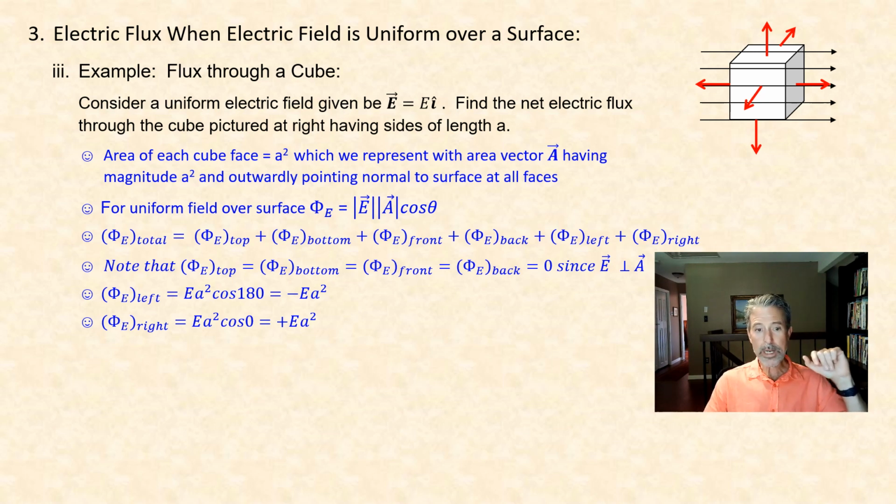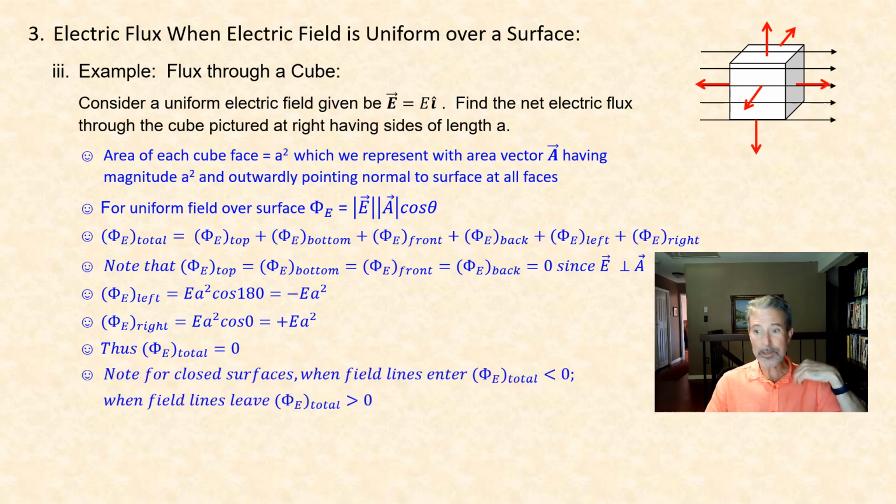So when we find the net flux through all six faces, adding up 0 plus 0 plus 0 plus 0 minus EA squared plus EA squared, we get 0. We find then that the total flux through that cube is 0.